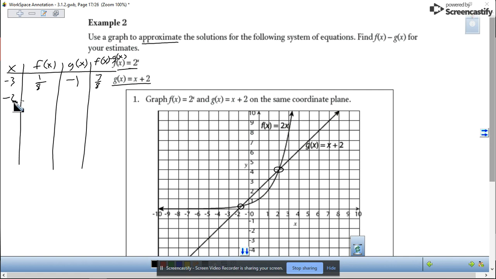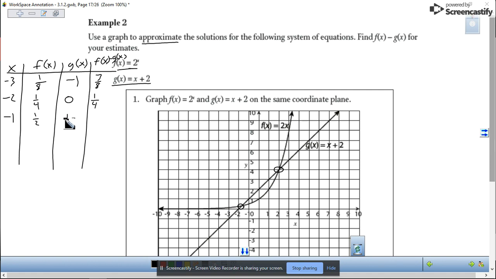Let's go to -2. So I do 2 to the -2, that's 1/4, right? And then if I plug in -2 down here, that gives me 0. So 1/4 minus 0 is 1/4, right? -1, I get 1/2. If I plug it in here, I get positive 1.